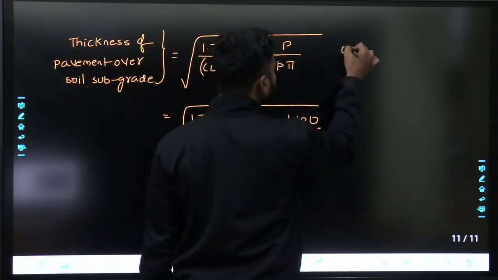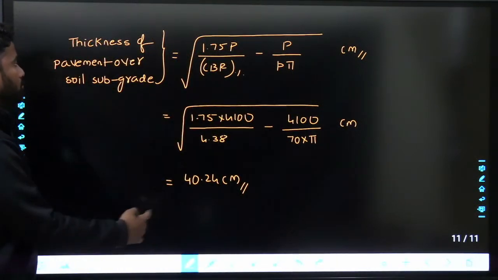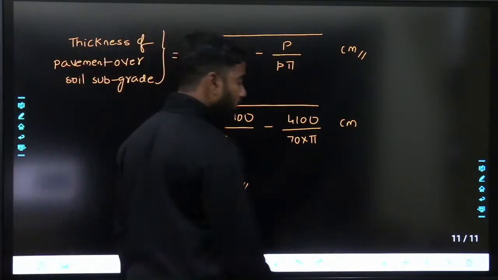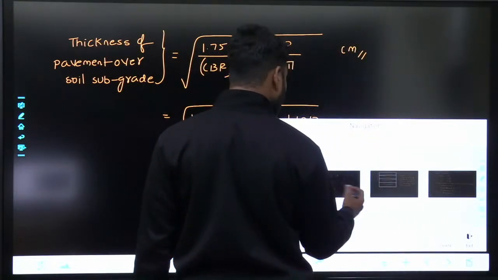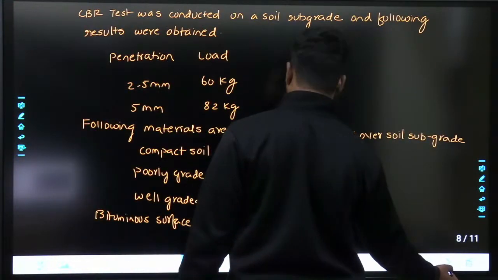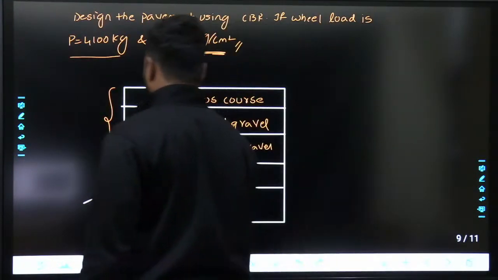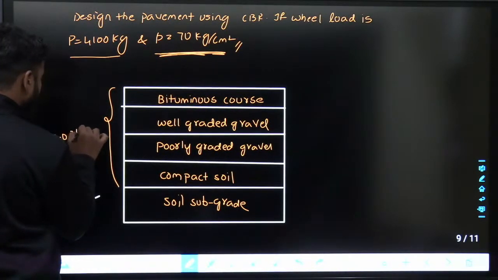This is in centimeters. This is the thickness over soil subgrade. That means this whole thing is 40.24 centimeters you will provide.